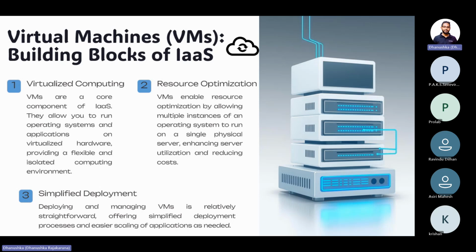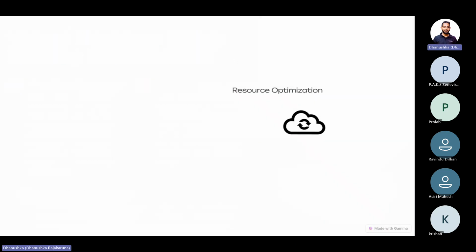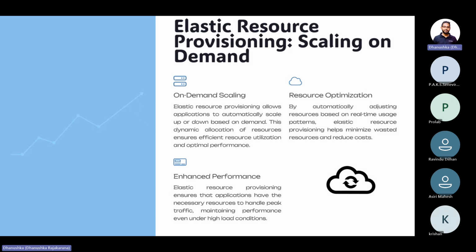So, next we come to elastic resource provisioning, scaling on demand. It means resources will be elastic. What is meant by elastic? Elastic means it stretches. So resources will be allocated as per the demand. It will be scaling as per the demand.